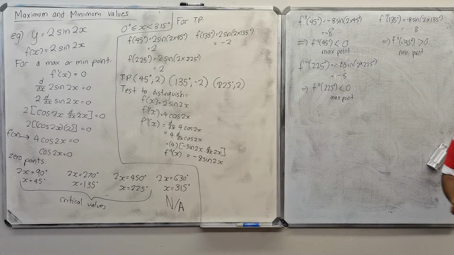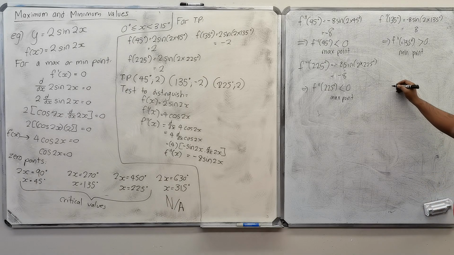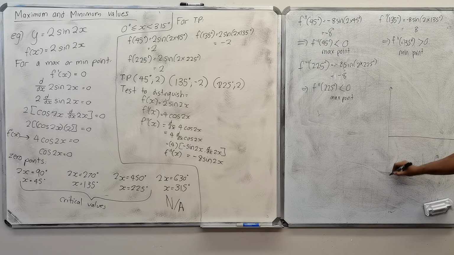Okay. Now if you want to see how it would have looked, this is how our graph would look, right? Because our range lies between 0 and 315. From what we know from graphs, our amplitude would have been 2 and minus 2. Okay?